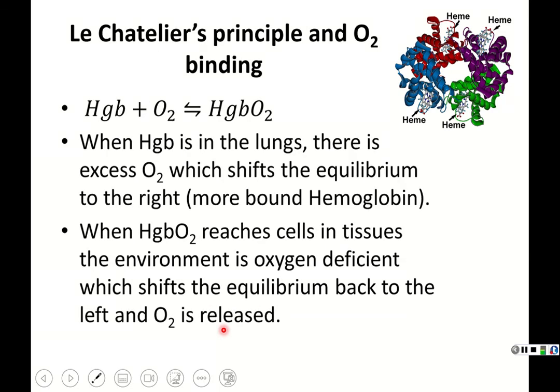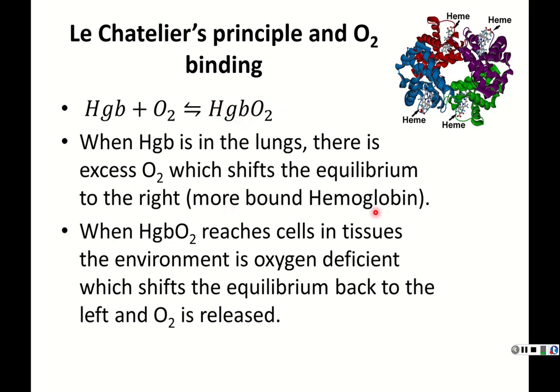So our reaction here is hemoglobin plus oxygen goes to oxygen-bound hemoglobin, and it's in equilibrium. When you're in the lungs, there's an excess of O2 that you're breathing in. So if you use Le Chatelier's principle, you have an excess of this, so you're pushing the reaction towards the oxygen-bound hemoglobin.